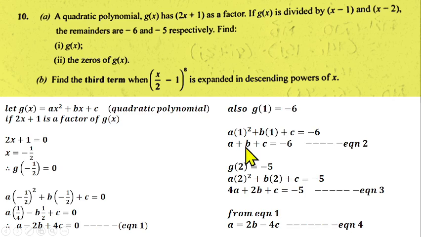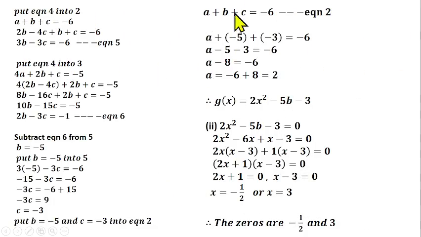So from equation 2, a plus b plus c equals minus 6. Our b is minus 5, our c is minus 3. Simplify further, we have a minus 5 minus 3 equals minus 6. Minus 5 minus 3 is minus 8. So a will be minus 6 plus 8, and that should give us 2.